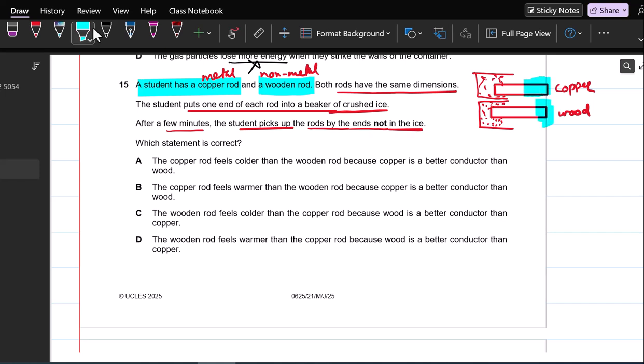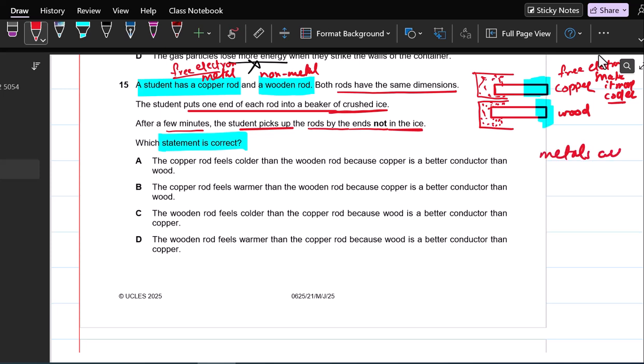Which statement is correct? Okay, in metal we have free electrons. In non-metals, free electrons are not present. So in copper, free electrons will make it more cool, because free electrons make metals a good conductor.